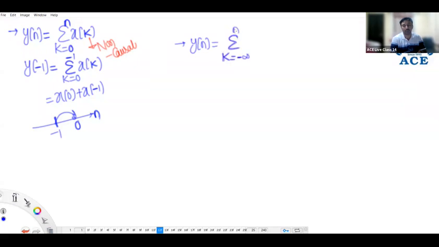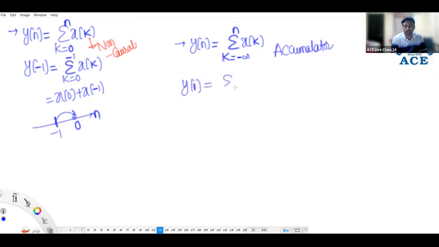If you make the lower limit as minus infinity, then what you can say? Instead of 0, if you take that as minus infinity, it can be causal because we are starting at initial index. It is actually called accumulator addition.